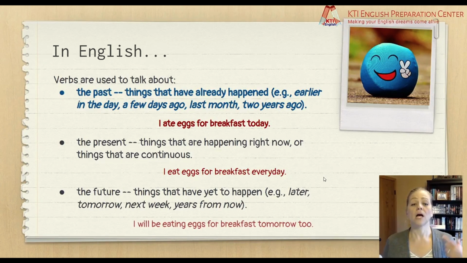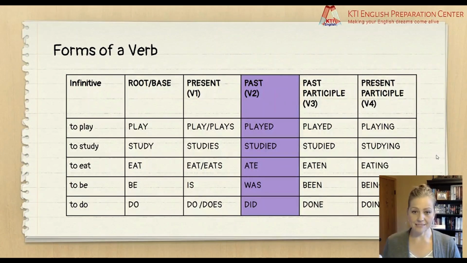Or the future. I will be eating eggs for breakfast tomorrow too. So those are our past, present, future tenses. And there's a number of verb tenses, the simple tenses and the perfect tenses, continuous tenses, those ones. Today we're talking about simple past.